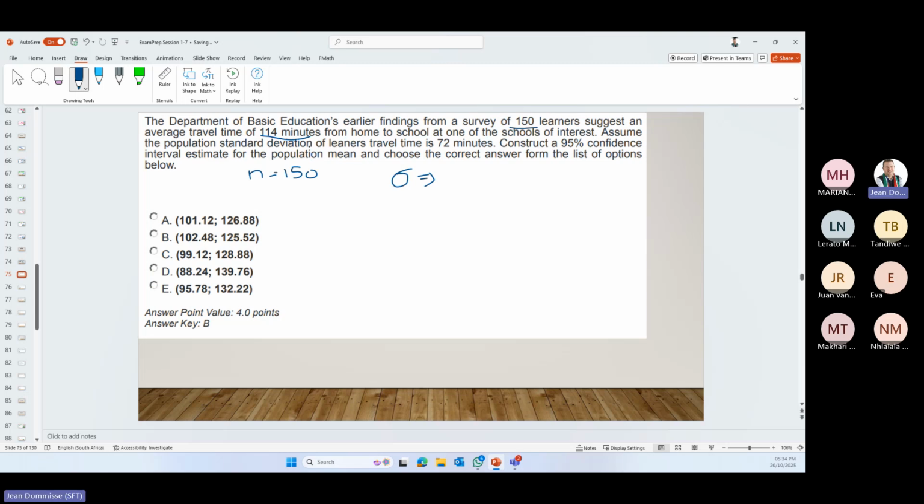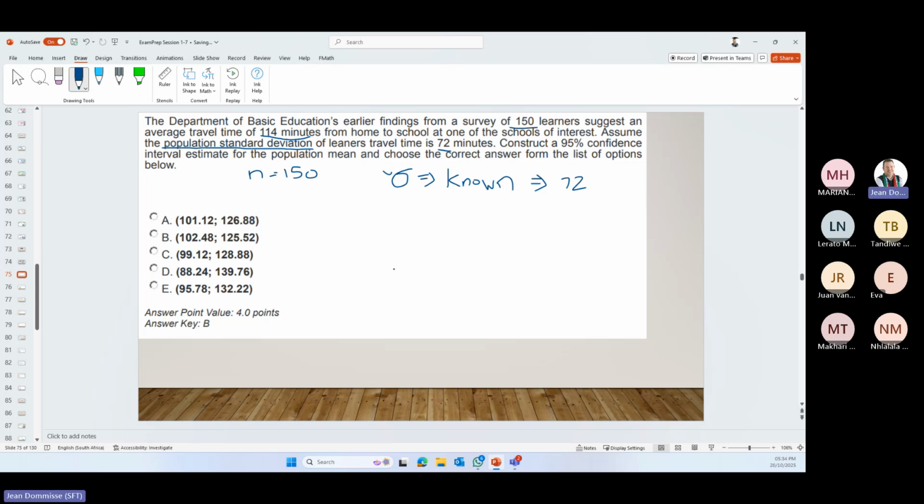Assume the population standard deviation, so not sample, population. Because it's population, the standard deviation is known, and it is 72 minutes.